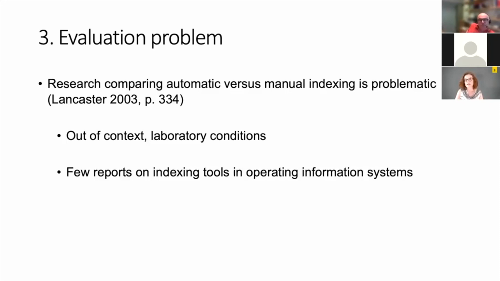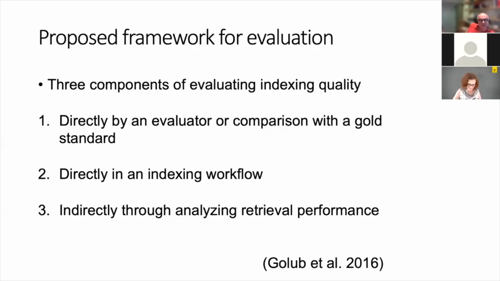As we have seen with the example of text categorization, who still conduct most of their research using these text collections. And there are very few reports on indexing tools in operating information systems. We'll come back to ways that try to address it in some way.